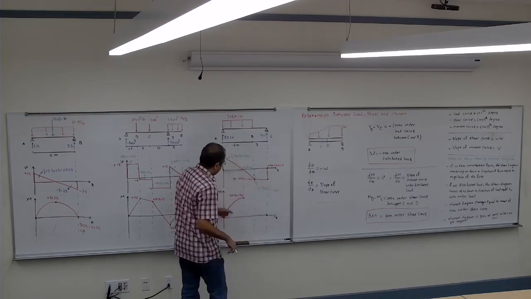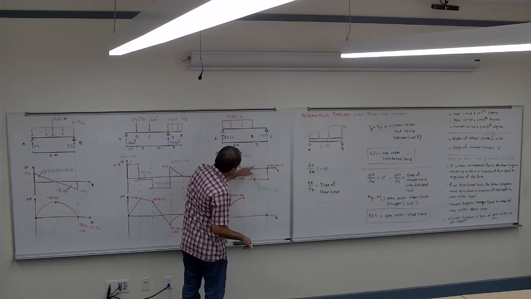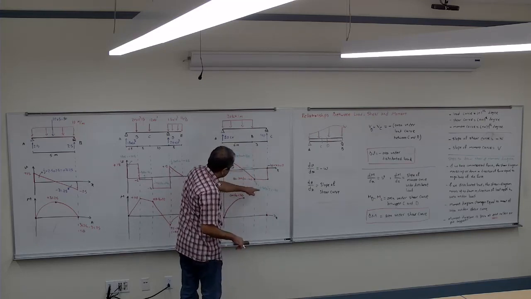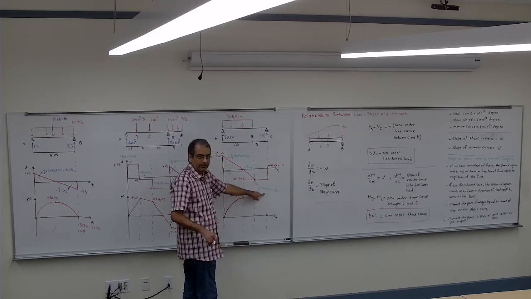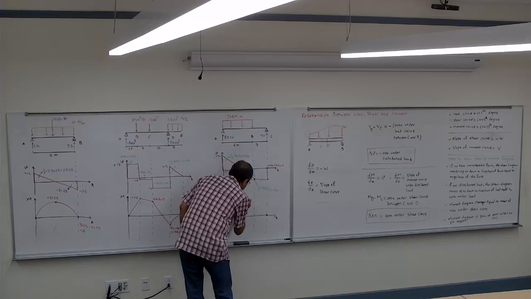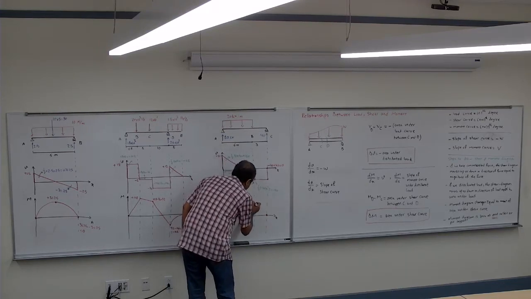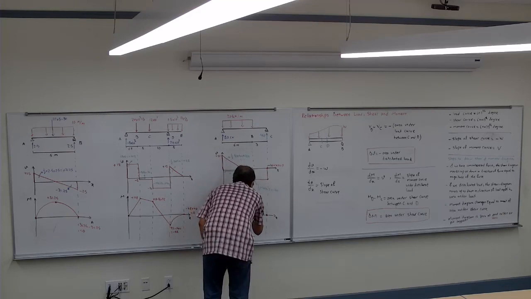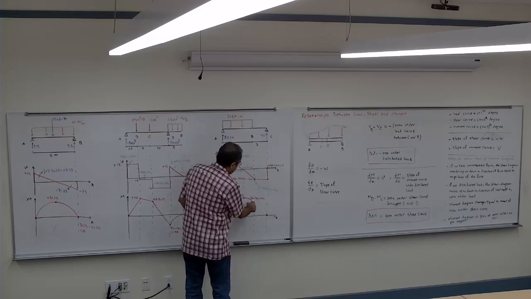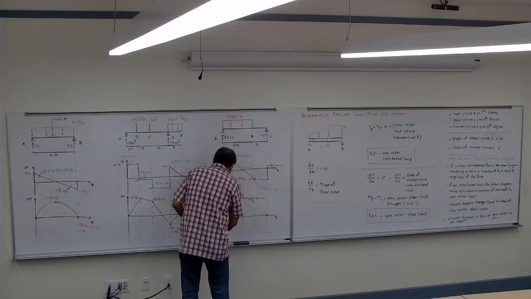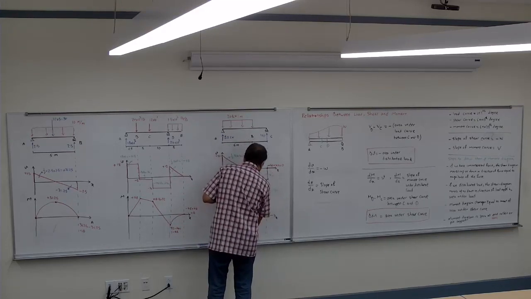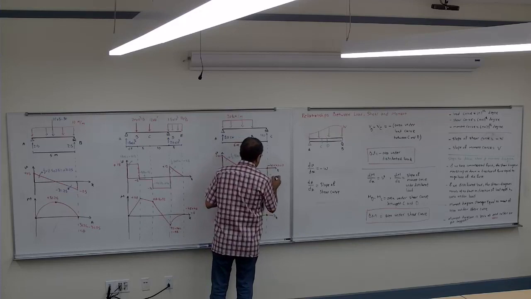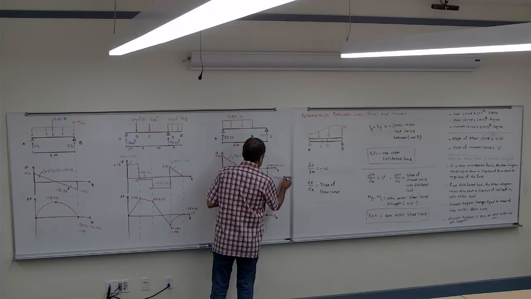What happened from here to B? It goes from 160 minus 40, which would be 120, but again, second degree. And then from here to here, the area is negative 40 times 3, which is negative 120.